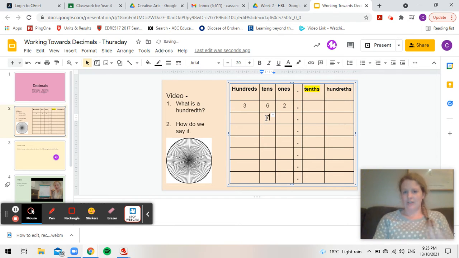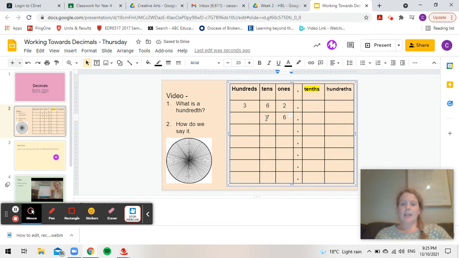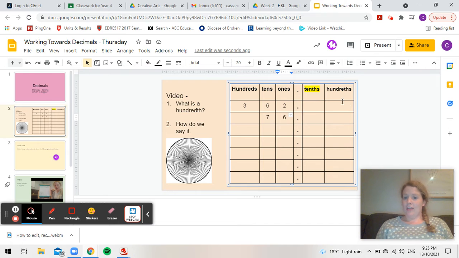So I would have 7 tens and 6 ones. Now, the same thing applies for this side of the table. If I'm doing hundredths, then I need to use the tenths column and the hundredths column.